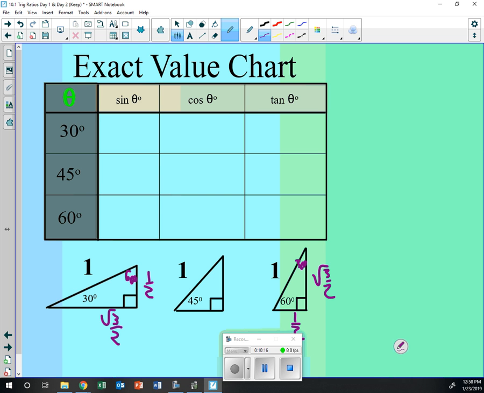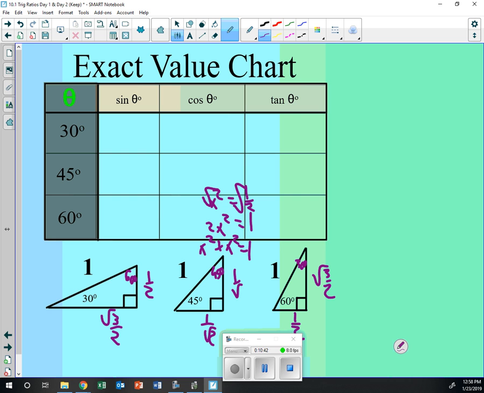And then with this one, these will both be 45, so x squared plus x squared has to equal 1. Well, 2x squared equals 1. X squared is 1/2. What's x going to be equal to? 1 over what? Square root of 2.